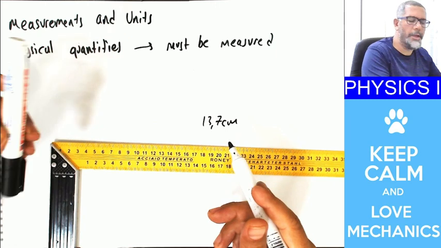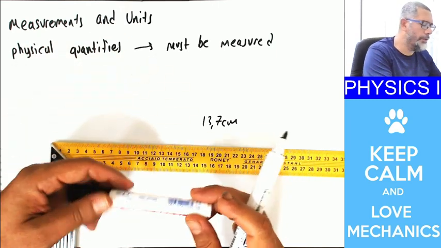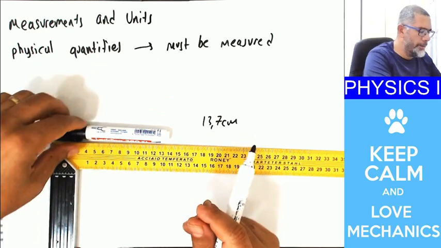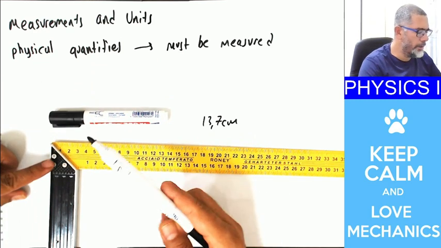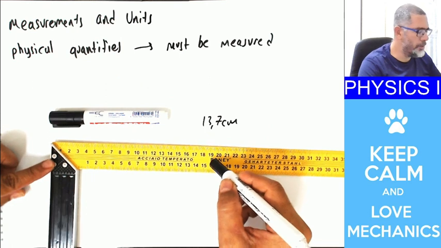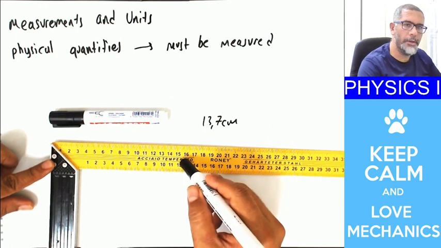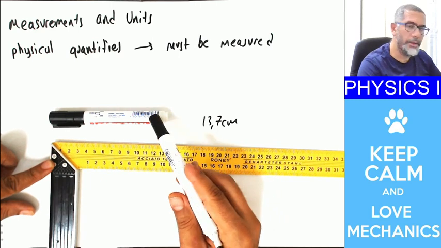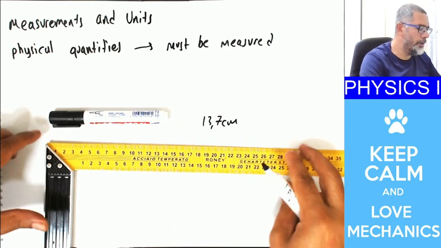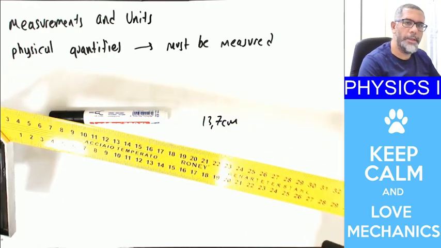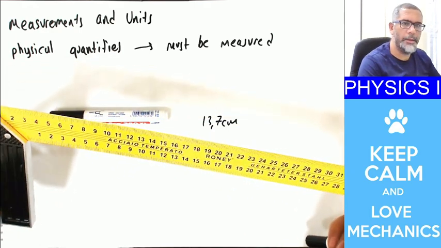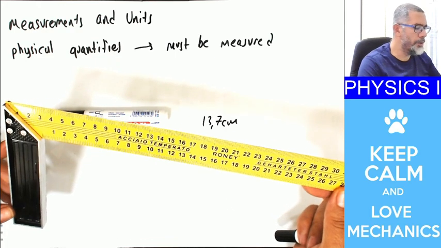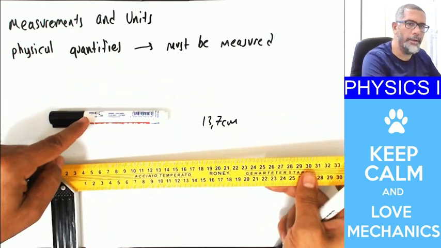What I've done over here is I just measured the length of this whiteboard, but I took a device, which is a ruler, and I refer to this ruler for measuring the length of this board. But is this standard? Yes, this is standard, because every centimetric ruler will measure the same value for this.